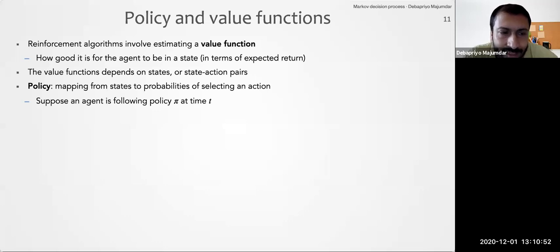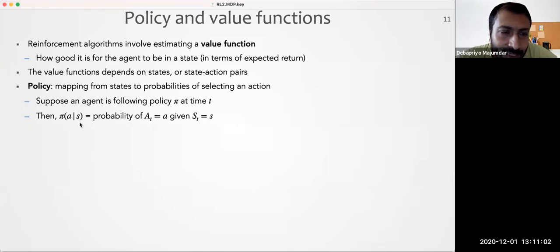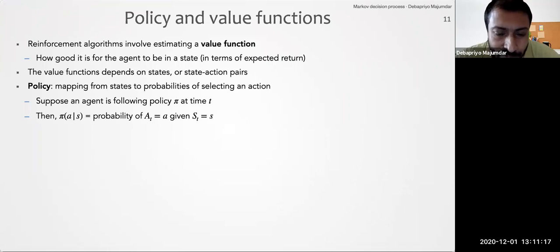Now, suppose an agent is following policy pi at time t, then pi of a given s is the probability that it will select action A given that it is right now in state S. Now, you might be thinking there is a P that we talked about before.